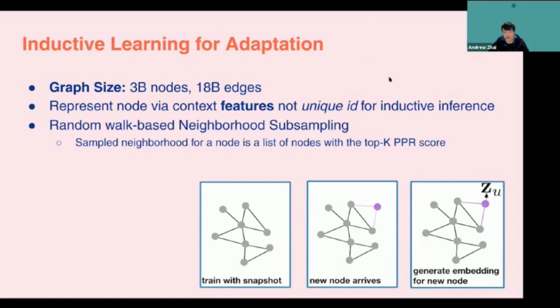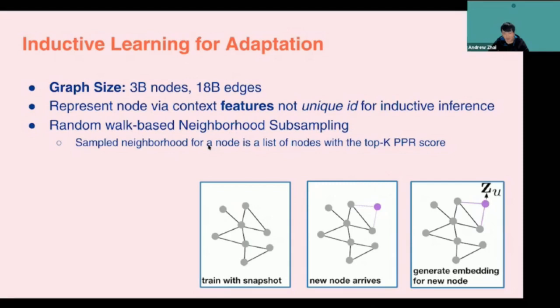And this doesn't generalize for us. Instead, because we represent a node by features, we can train our model, our GNN, and whenever new content arrives on Pinterest, we look up its image and text embeddings and simply leverage the model we've pre-trained to generate our new embedding.